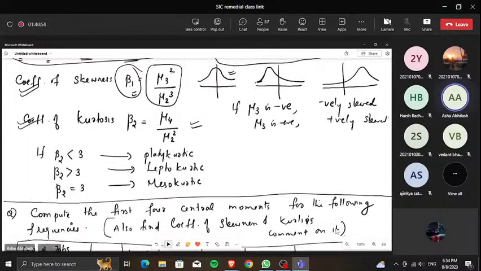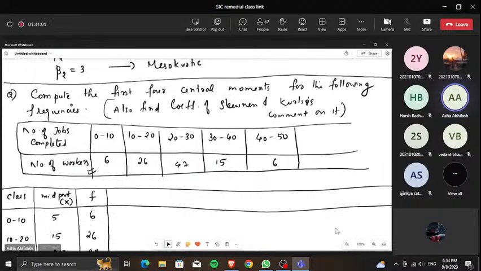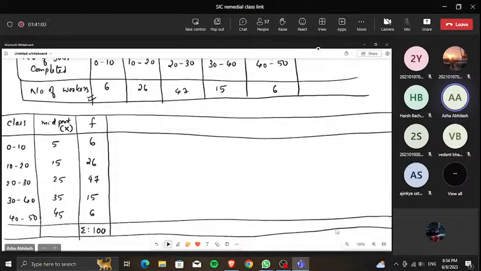So first we have to identify what your assumed mean is. Since this distribution is continuous, that means the gap between these is the same. So we can consider the middle one, that is 25, as the assumed mean.